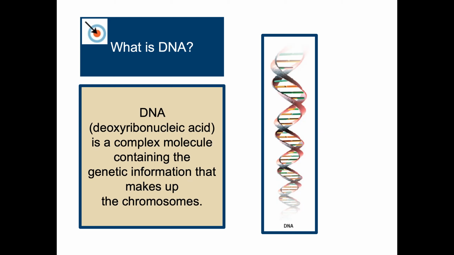So what is deoxyribonucleic acid? It's a complex molecule containing the genetic information that makes up chromosomes. It was found to have the shape of a double helix, as you'll see right there.